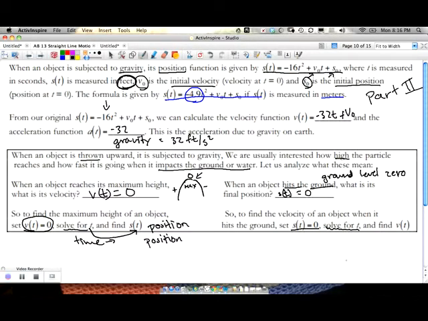Now we're trying to find the velocity at impact, which is at the time when s of t equals zero. Very similar idea, but reverse order: s of t equals zero, solve for t, find velocity.